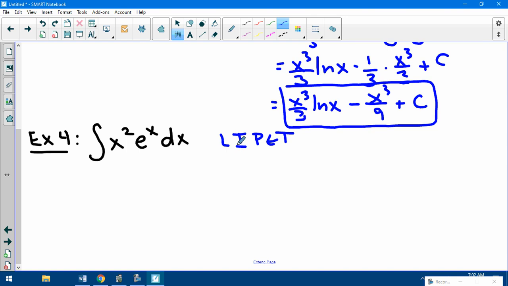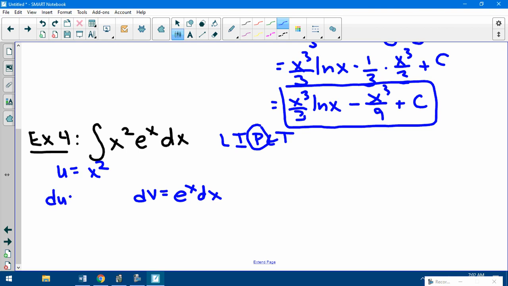There's no inverse trig. There is a polynomial. e is the exponential. So polynomial is what gets hit first. So u has to be the polynomial, which is what? x squared. Which means what's dv? The leftover piece is e to the x dx.